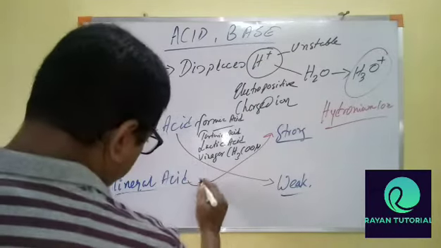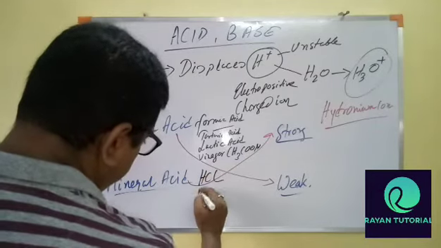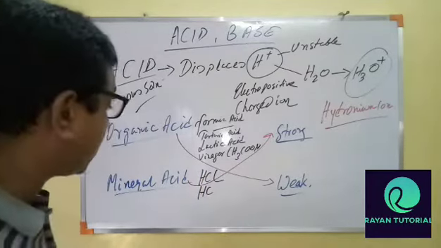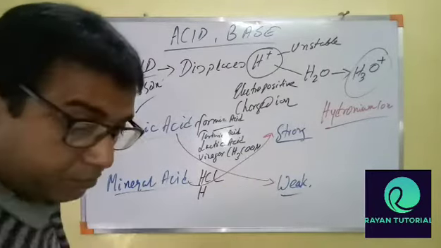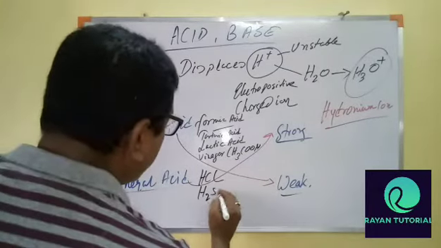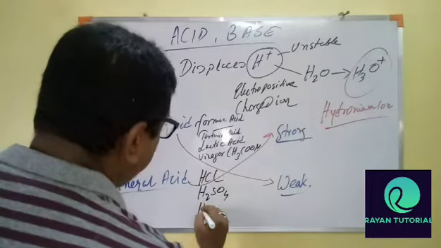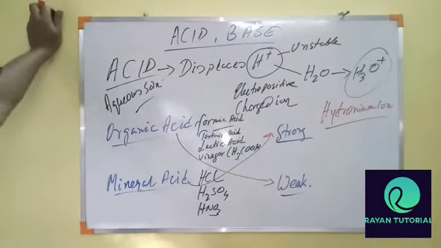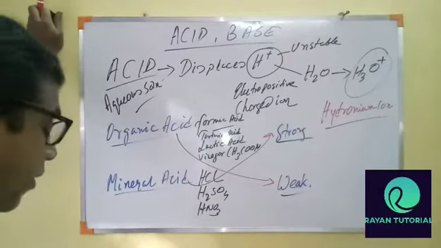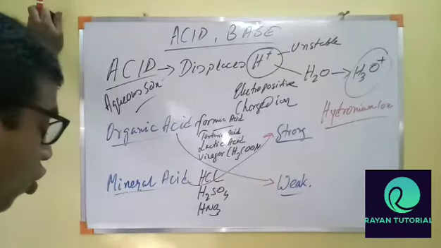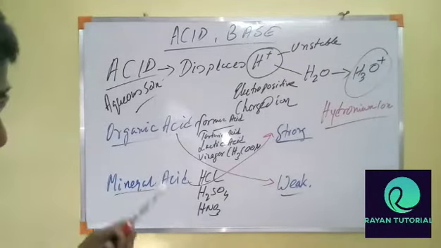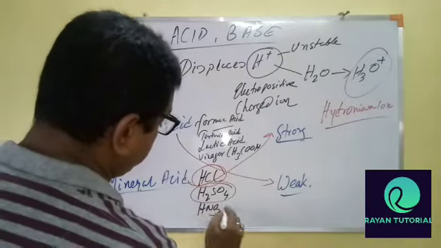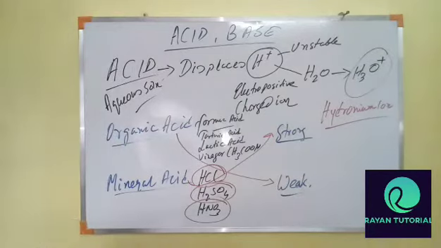In your syllabus you get HCl, H2SO4 sulfuric acid, and HNO3. These all are mineral acids, and mineral acids are all very strong.